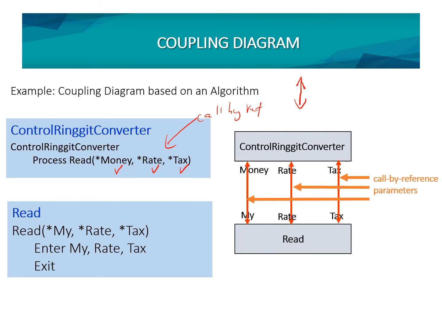Try to look here, so money and money are the variables that we have here. This one reflects the first parameter, rate and rate the second parameter, and text and text the third parameter. So you can see here the double-headed lines reflect the type of the passing parameter.